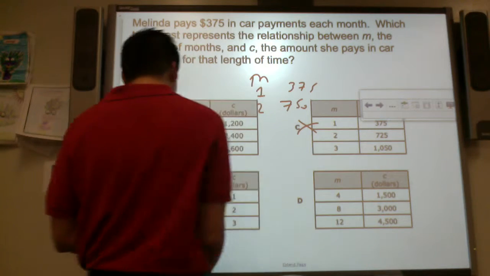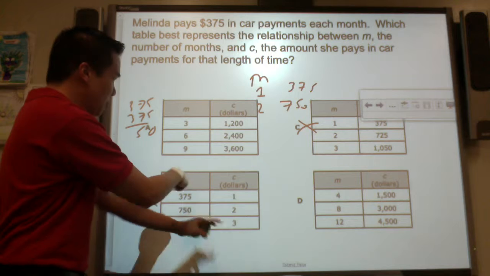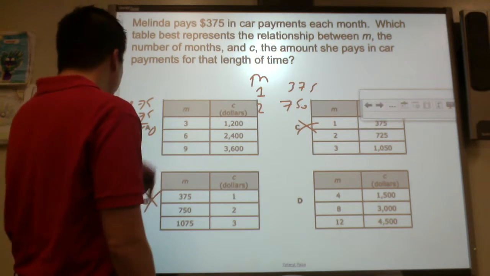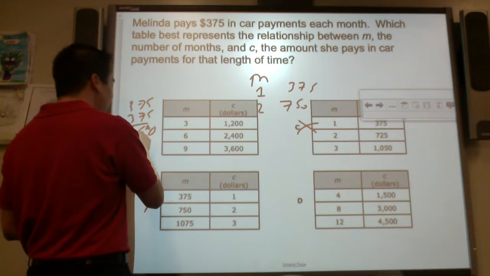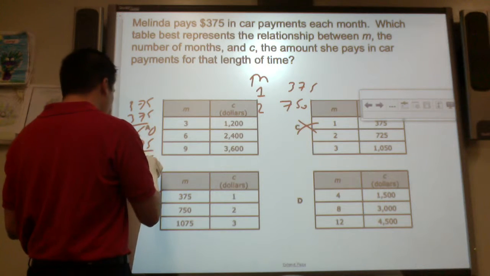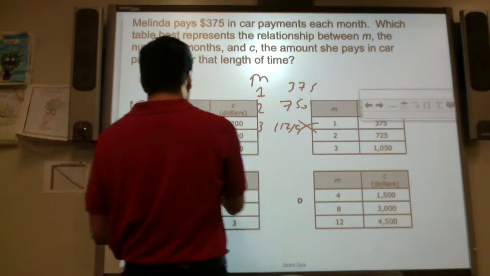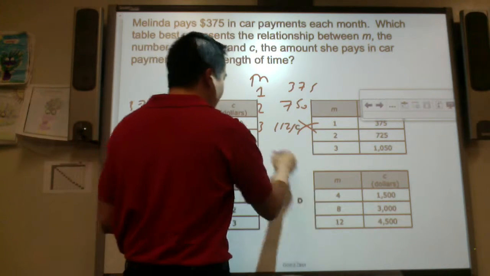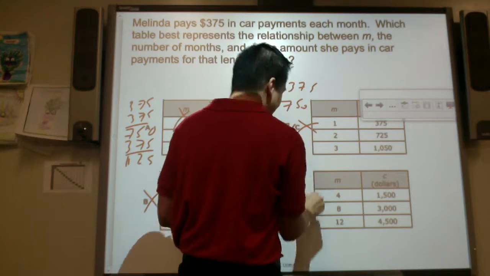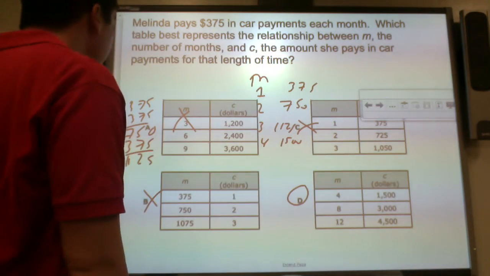Well, this one is not correct. Wait, the numbers are flip-flopped around. Let's do month 3. In month 3, add another 375, that's 1125. Well, not this one. Month 4 will be 1,500. D is the only one that makes sense. In 4 months, she will have paid $1,500.